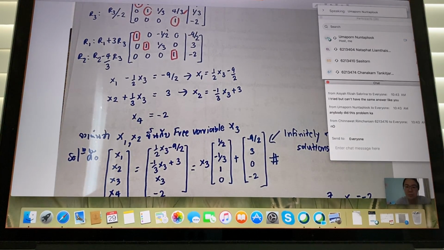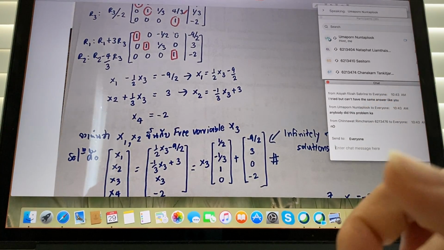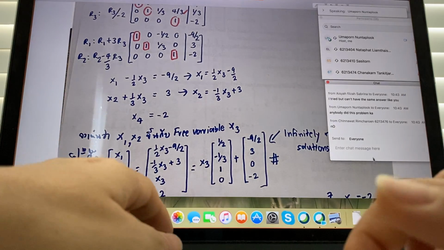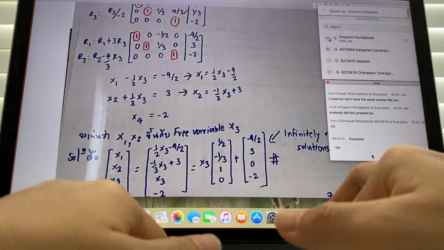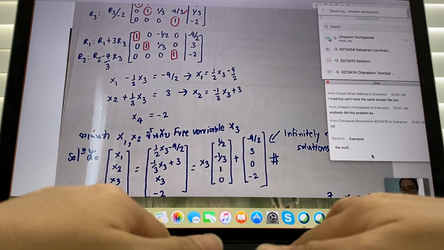Once again, now we have the main variables and the free variable. If I ask you how many free variables are in this system, you just say 1. How do you determine it? Okay, I summarize it for you.